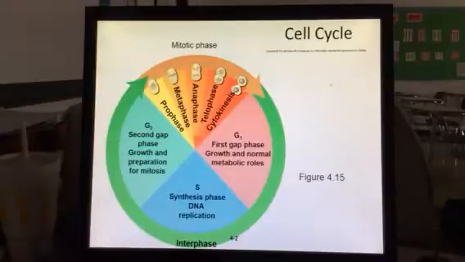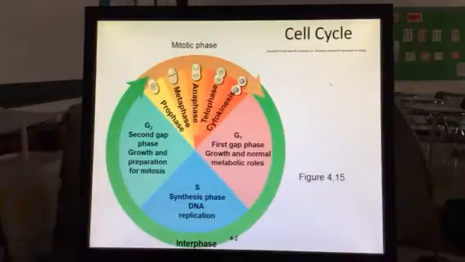The cell cycle has 4 main sections, and this picture makes them look like 4 equal pieces of the pie. I don't know that that's accurate, but okay. So the cell starts in what's called G1. G stands for gap, although I usually think of G as representing growth, because in the first gap phase, the cell grows.